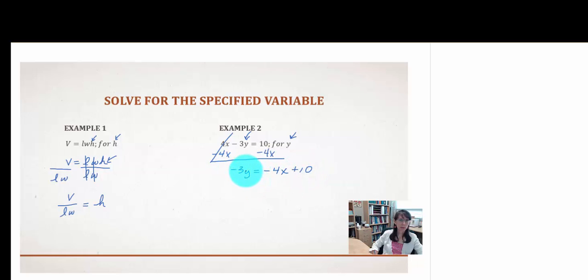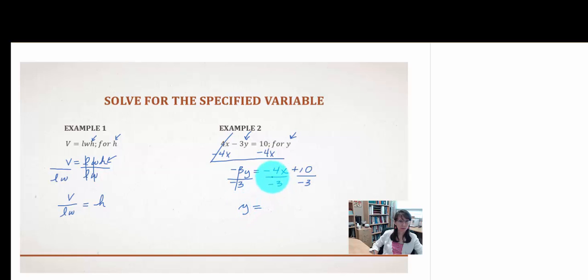The final step is to isolate y. It's being connected to the negative 3 with multiplication, so I need to divide that term by negative 3. That means every term in the equation is going to be divided by negative 3. When I simplify, I am left with the variable we are trying to solve for.